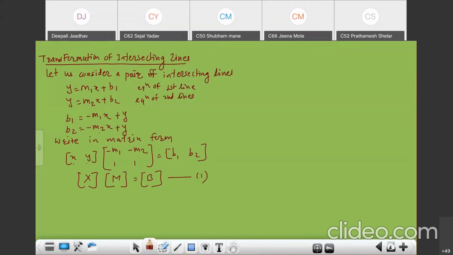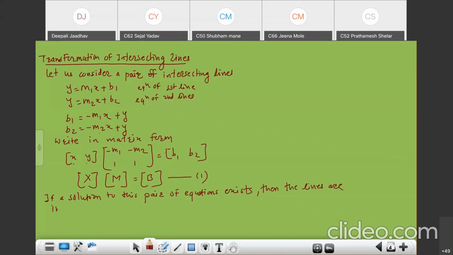Now see, if a solution to this pair of equations exists, then the lines intersect each other.